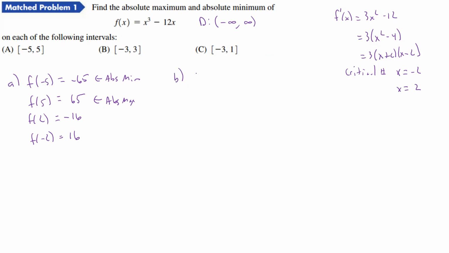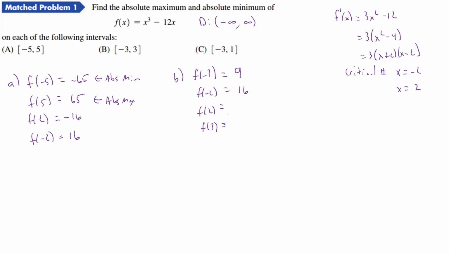Okay. Now we're going to do the same thing for B. So for B, we're going to look at f of negative 3, and then next to 9, let's just do it in order, f of negative 2. That way we make sure it's all in. Then f of 2, then f of 3. Well, the negative 2 and 2 we have already, so we don't have to worry about those. So f of negative 3 is going to be 9. Negative 2, we said it was 16.